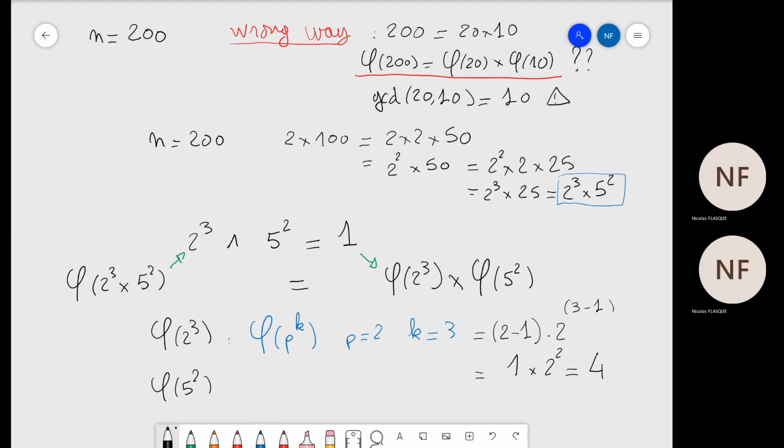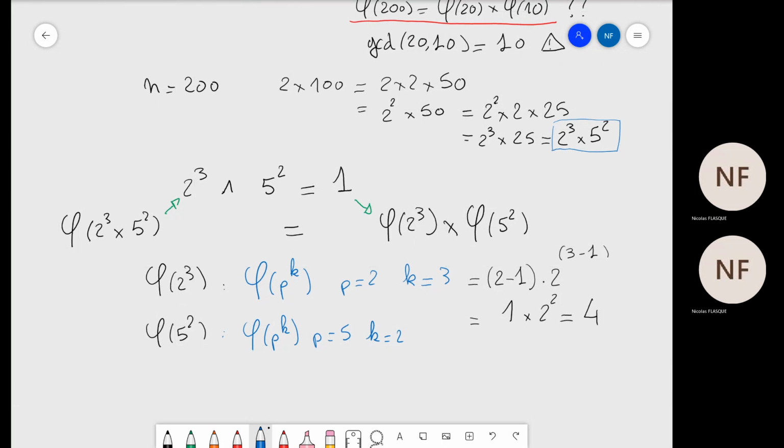On the other hand, let's go for phi of 5 to the power of 2, which is also a power of a prime number, where p is equal to 5 and k is equal to 2. So I'll just write it under so that there is no confusion between the two blocks. The first one was for phi of 2 to the power of 3.